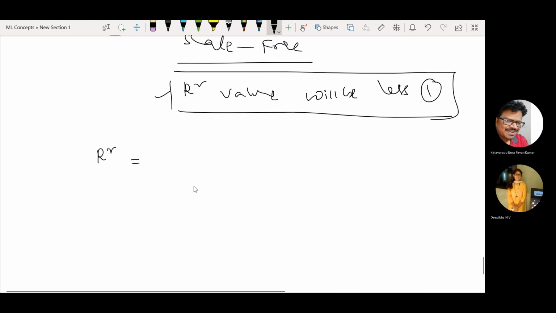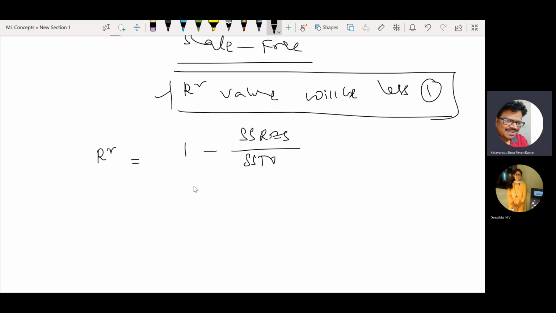R square. So I'm taking 1 minus the sum of square residuals by the sum of square total, or average. What do you mean by residual?